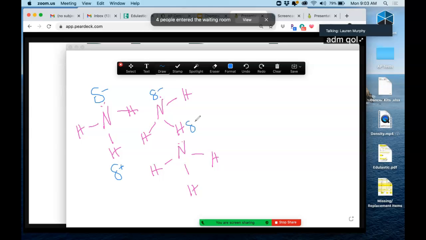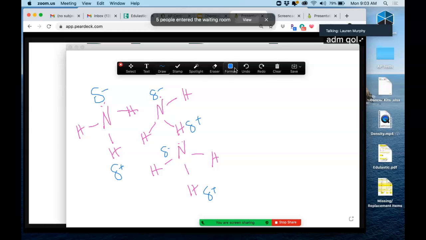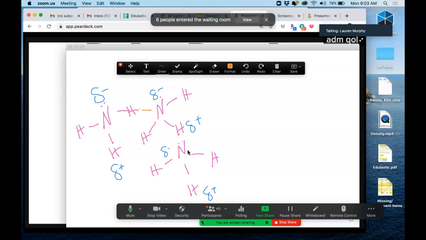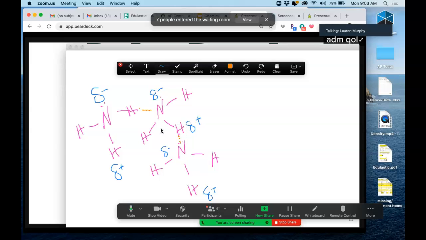Slightly negative, slightly positive. Slightly negative, slightly positive. So look, this slightly negative end of the nitrogen atom on this ammonia molecule is going to be attracted to this slightly positive hydrogen end on this ammonia molecule. And this slightly negative nitrogen is going to be attracted to this slightly positive end of the ammonia molecule, okay?